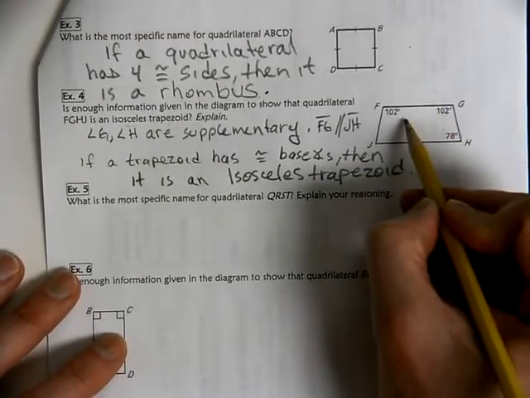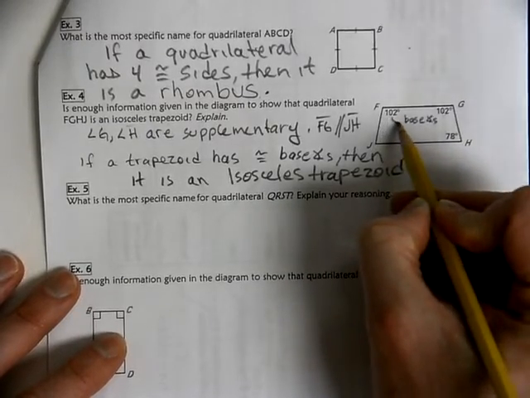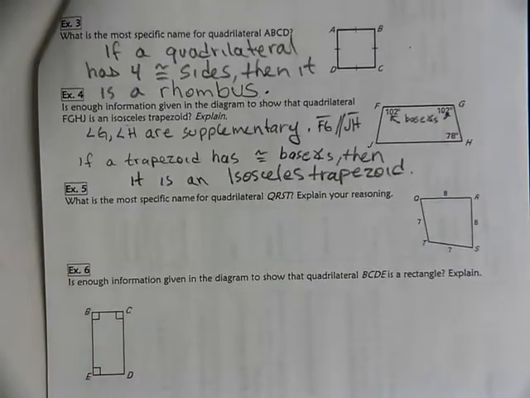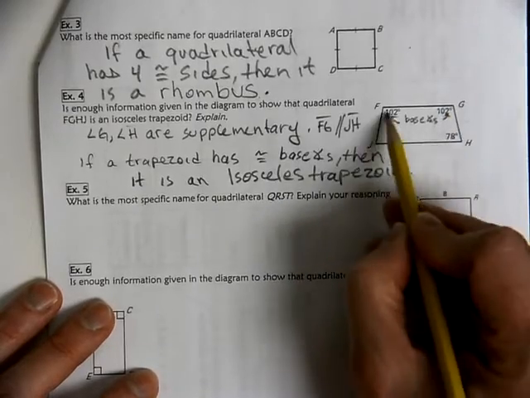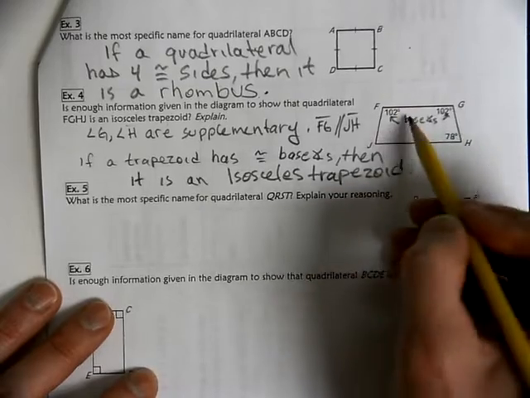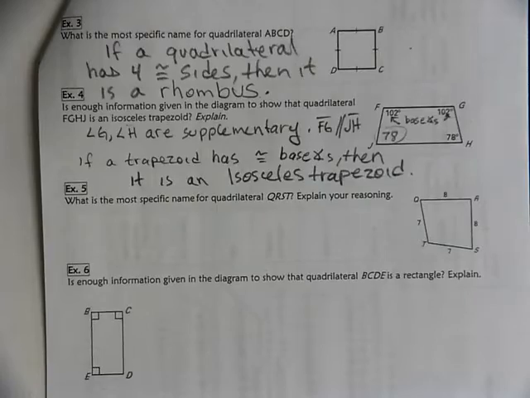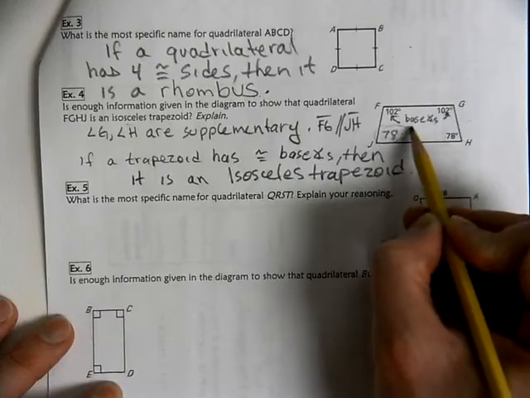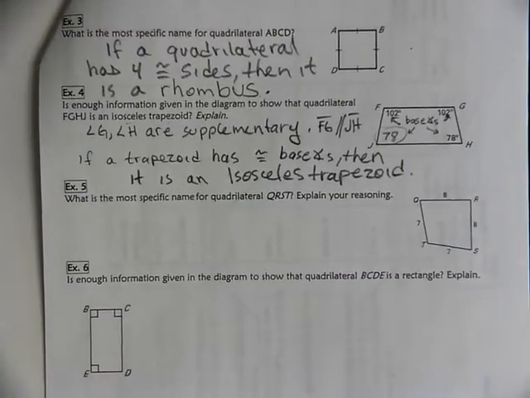We have base angles that are congruent. And if these are supplementary, then these have to be supplementary, or it has to add up to 360. However you want to do it, this is going to be 78. So these are base angles that are congruent also. All right.